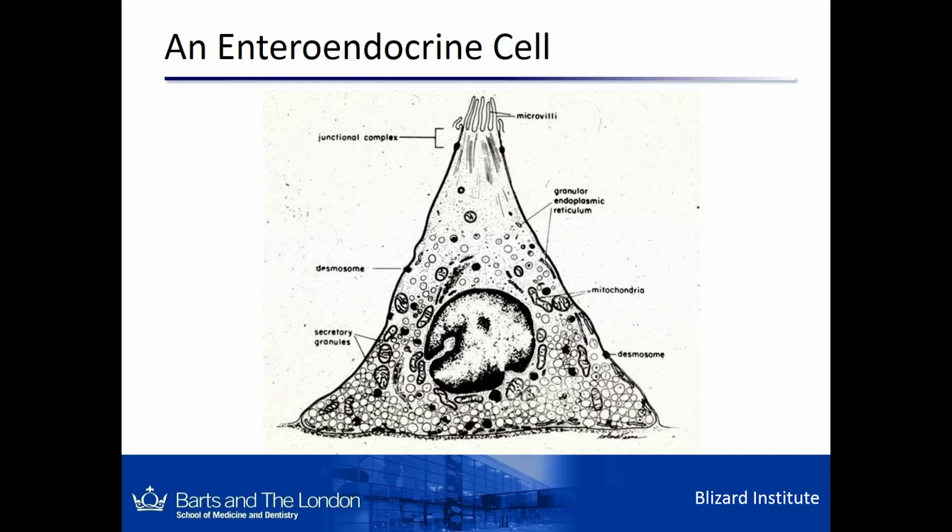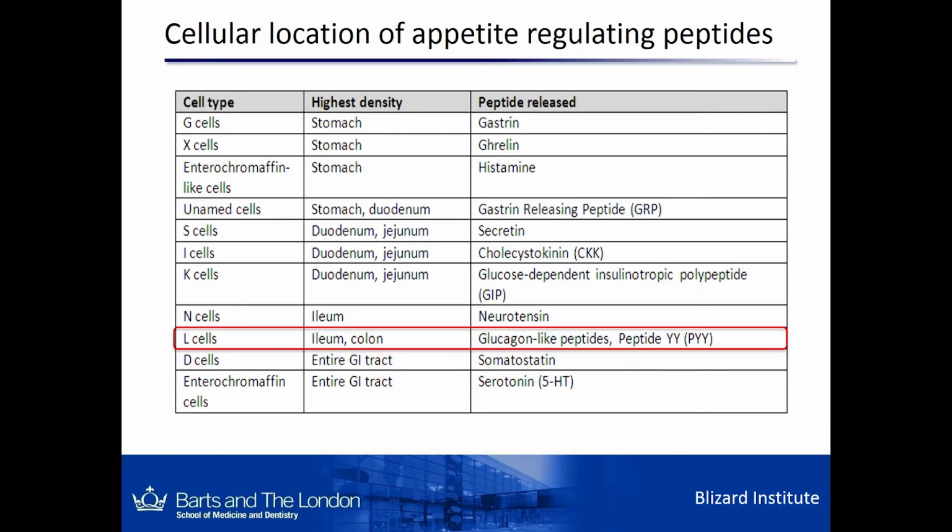So I'm sure I'm speaking to people who already know this, but I just highlight that there are lots of different types of enteroendocrine cells, and there is a distribution of enteroendocrine cells depending on the GI tissue that we're talking about. So within the stomach, there's G cells, for example, and lots of different types of cells within the duodenum and jejunum, and the ileum and the colon.